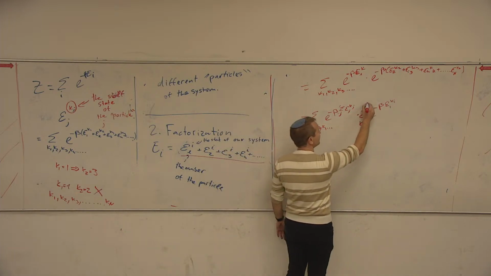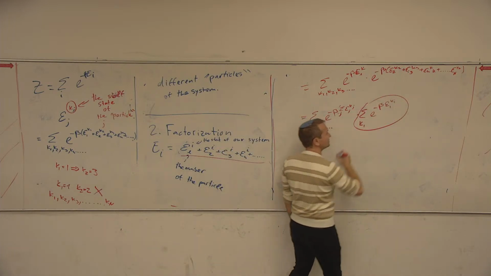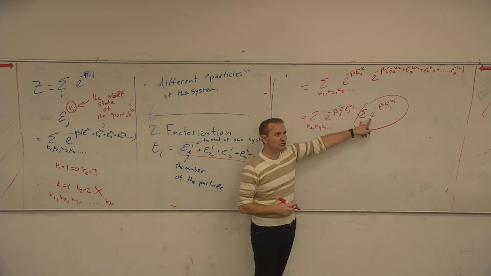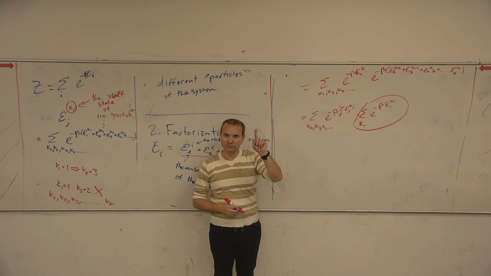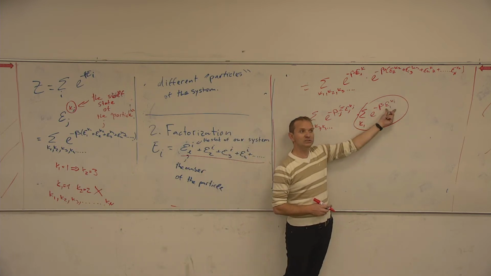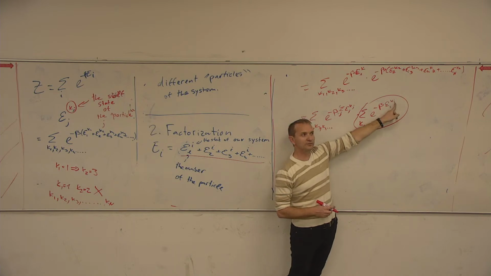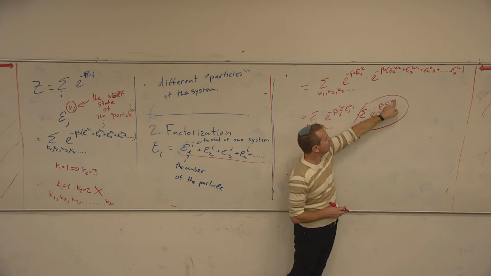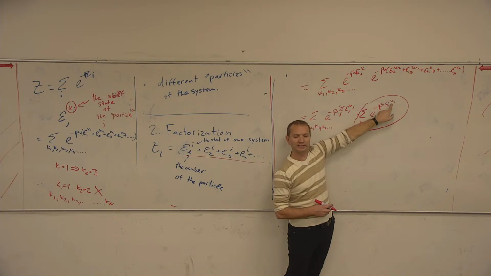Now what is this? It's the partition function of a single particle. Let's assume that I have a system that consists of only one particle. Those are the different energies, and the K1s are the different states of my single particle.